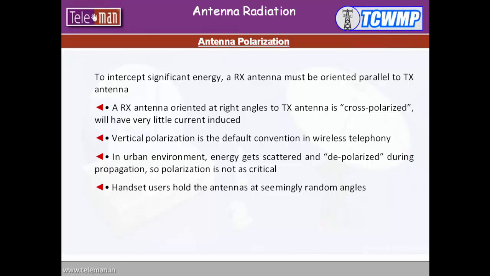In an urban environment, energy gets scattered and depolarized during propagation, so polarization is not as crucial. Handset users hold the antennas at seemingly random angles, so handsets are using different random angles.